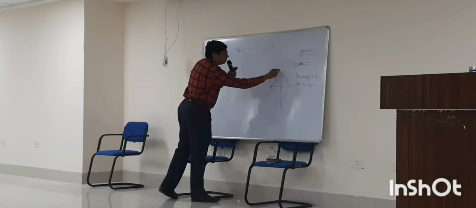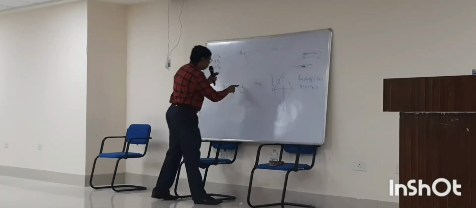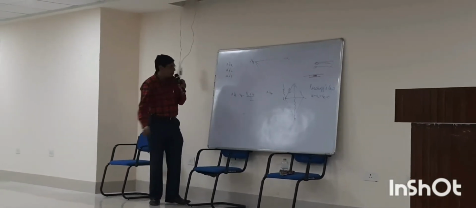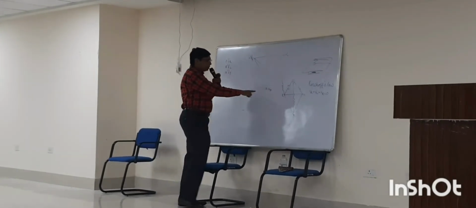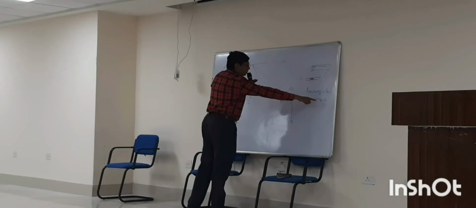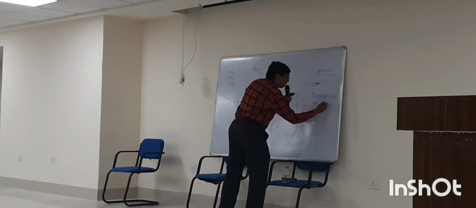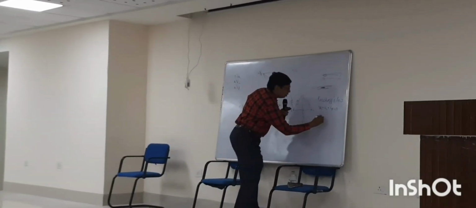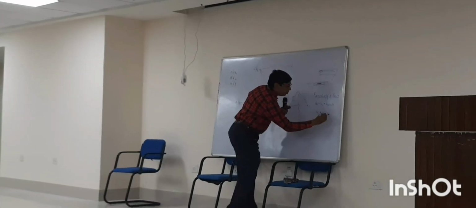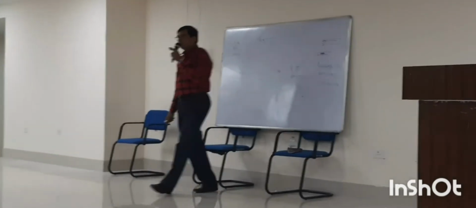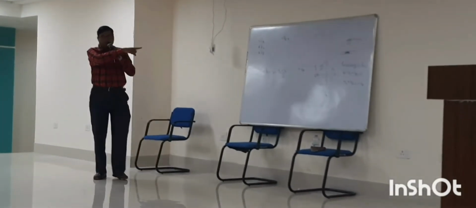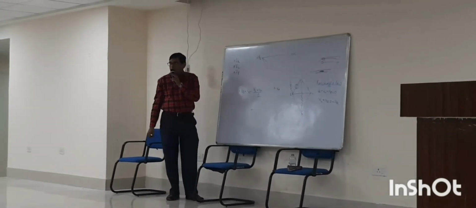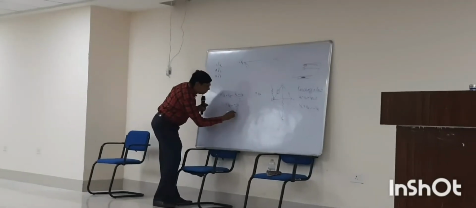This side is detached, so the voltage of the common terminal will become the average of these two voltages. According to Kirchhoff's law, VR plus VL plus VF is equal to 0. So VL plus VF is equal to minus VR. So we can replace VL plus VF with minus VR, right?